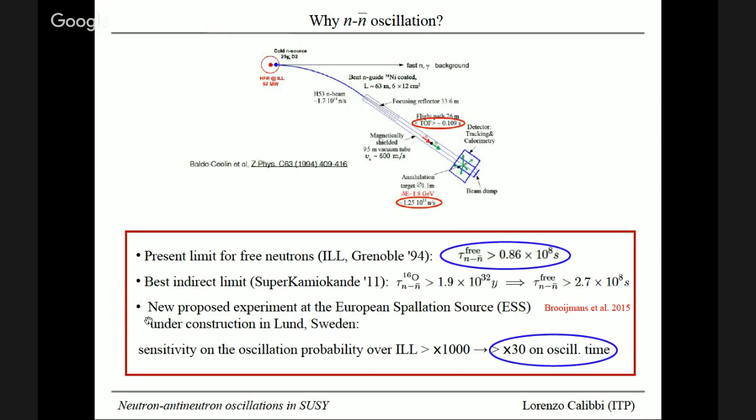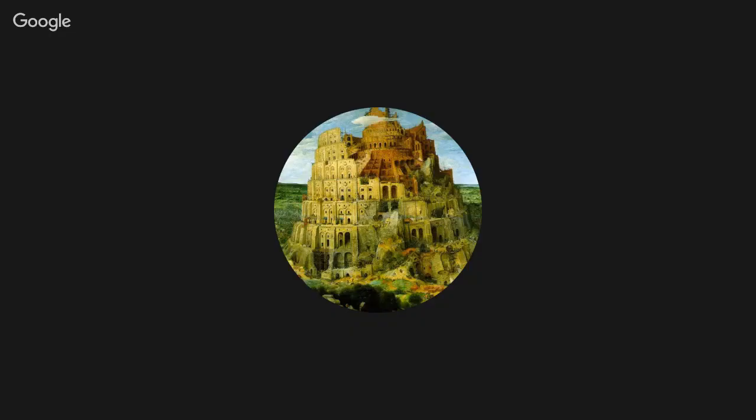So our motivation was that there is a new facility under construction in Lund, in Sweden. It's a European project called the European Spallation Source. It's a multi-purpose neutron source that will be mainly used for physics.